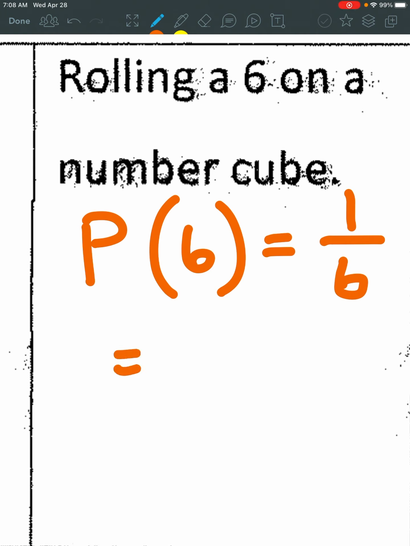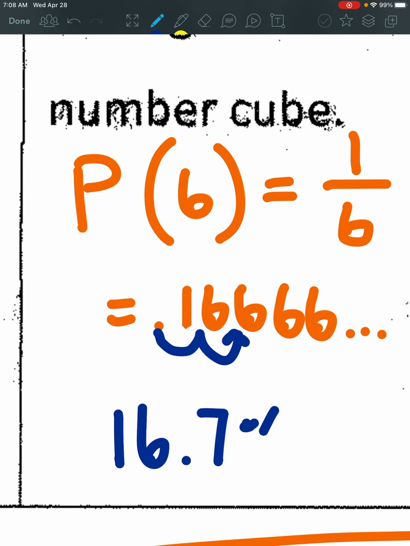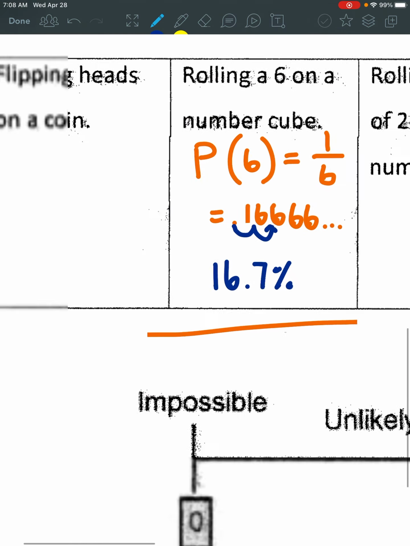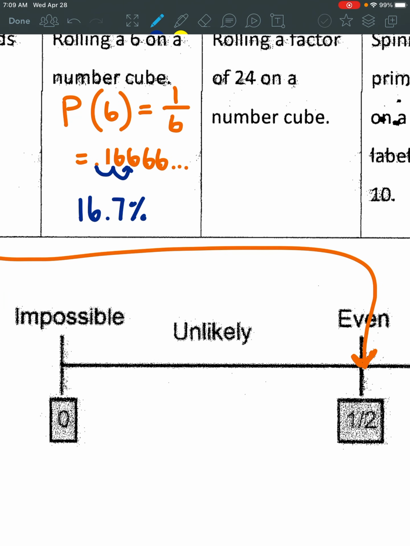So our decimal version would be 0.16666, and so on. So if we change this to a percent, well, move your decimal twice. Percents are out of 100. So it'd be 16.6, and I'm going to round up to 0.7. So 16.7%. So we know this is going to be between 0 and 50%.